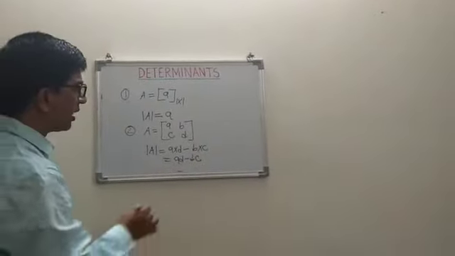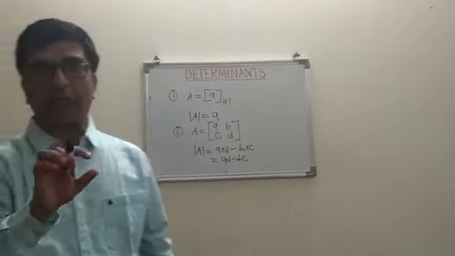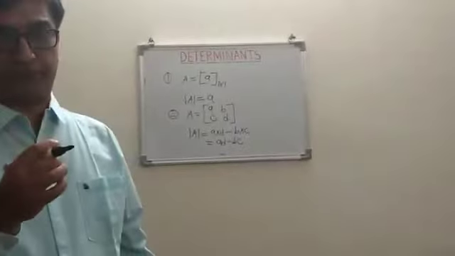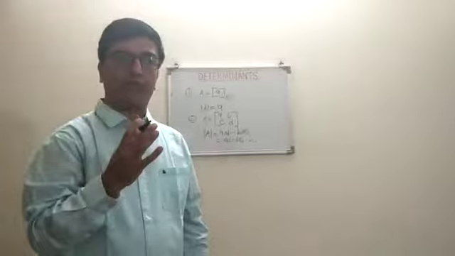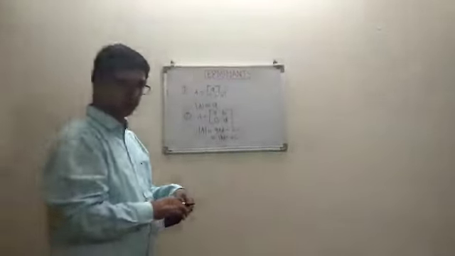Similarly, for order 3, we have to expand the matrix along its row or column. There are 6 ways of finding the determinant of a 3 by 3 matrix.